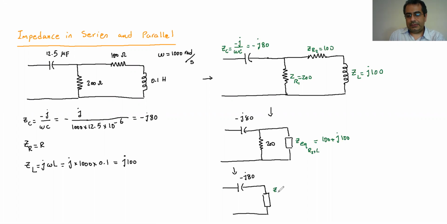So the Z equivalent between R1, R2 and L is going to be 1 over 200 plus 1 over 100 plus J100.